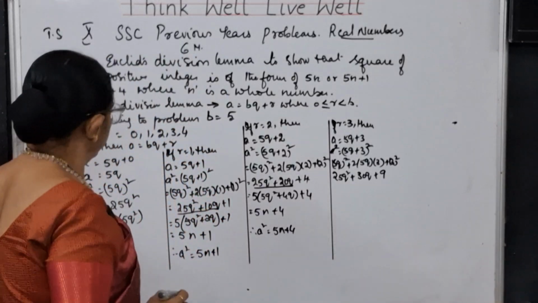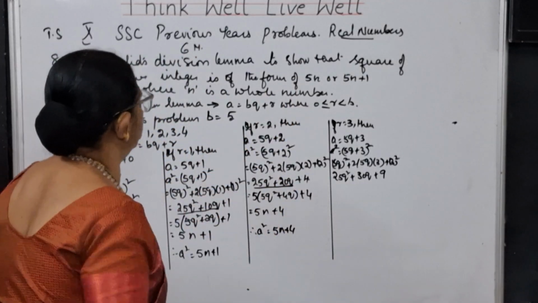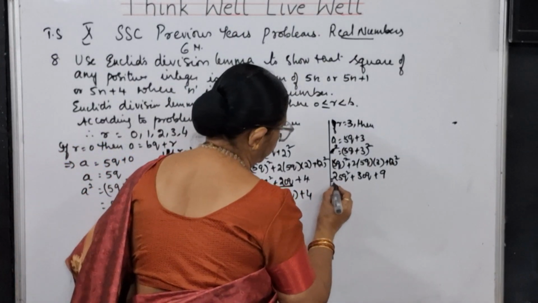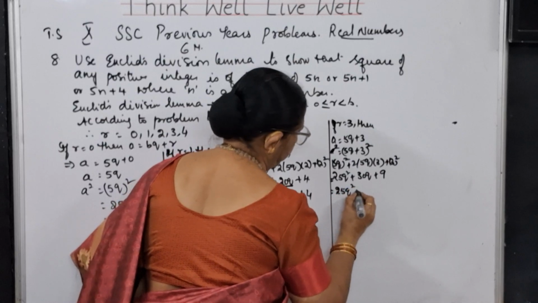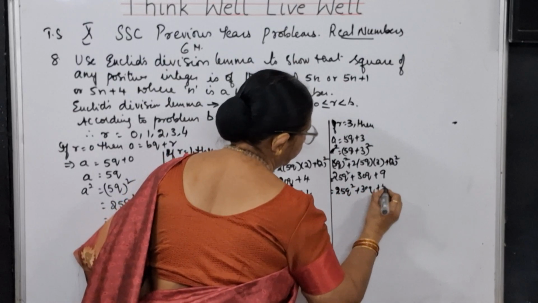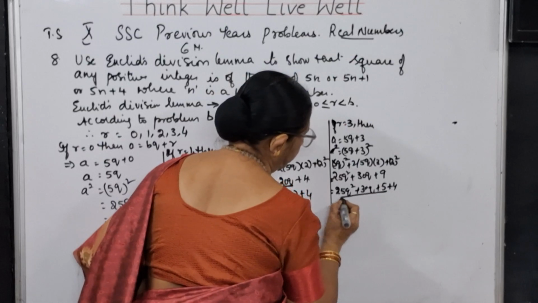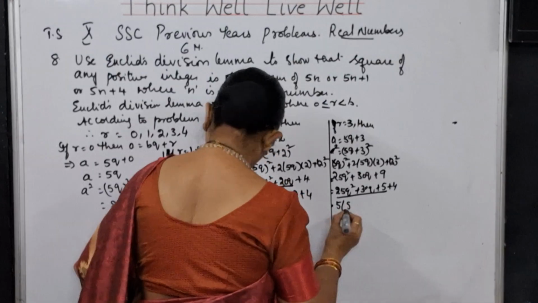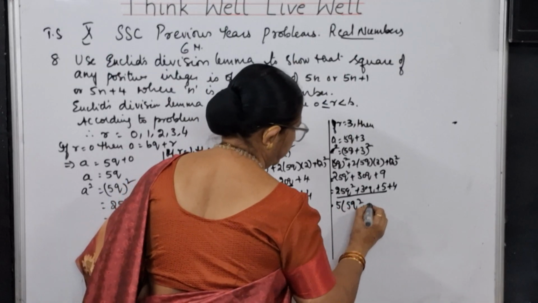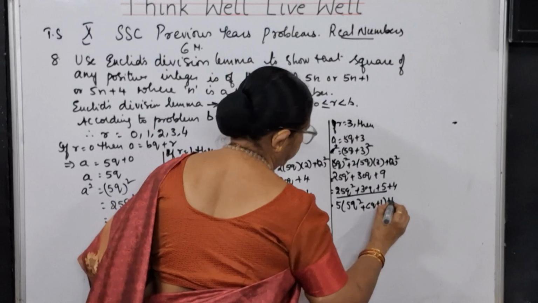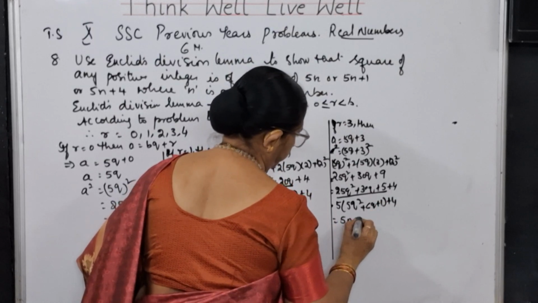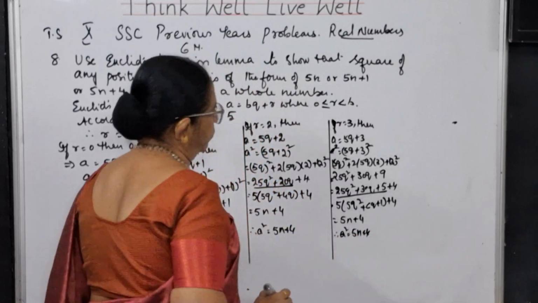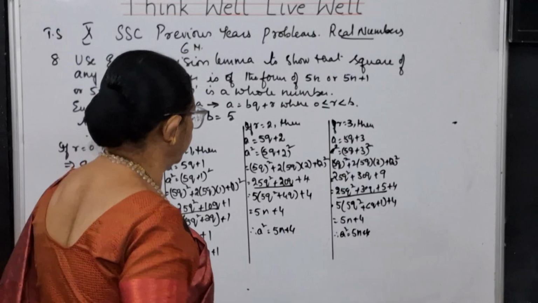But here you want either 5n or 5n plus 1 or 5n plus 4. So what are we going to do here? 25Q square plus 30Q plus 5 plus 4. 9 I have made it divided into 5 plus 4. So in this 5 is common: 5 into 5Q square plus 6Q plus 1, plus 4. That is 5n plus 4. Therefore, A square is equal to 5n plus 4 if R is equal to 3.